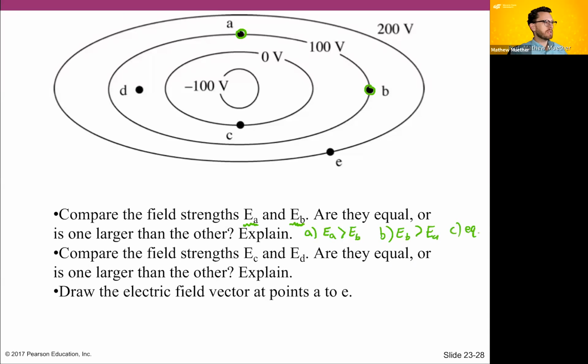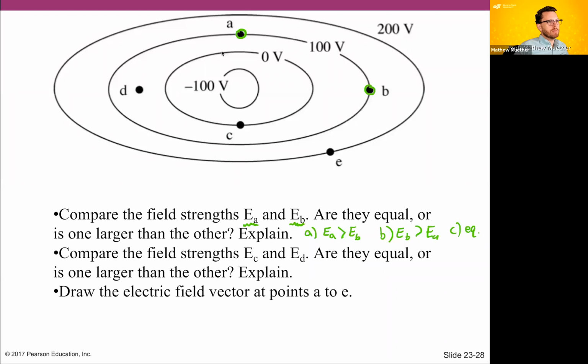How do the electric fields compare at points A and B? Okay, let's end the poll.